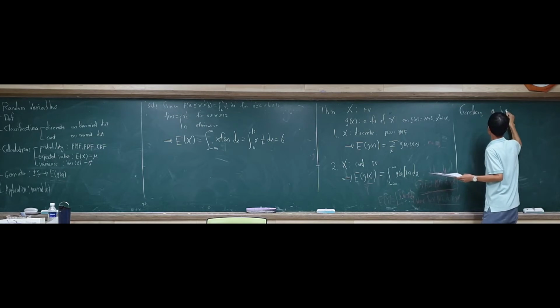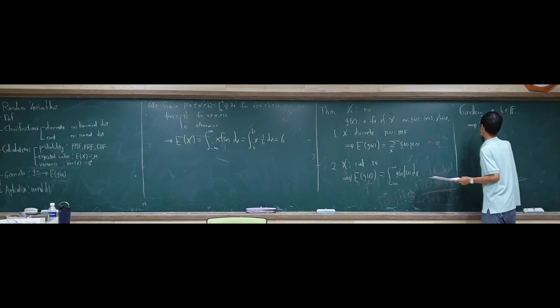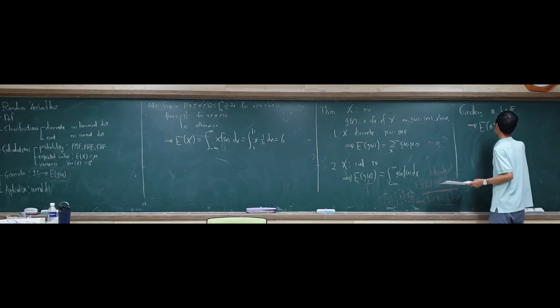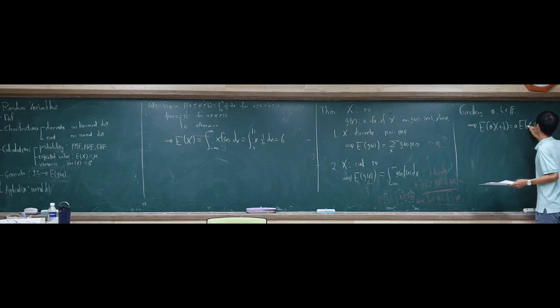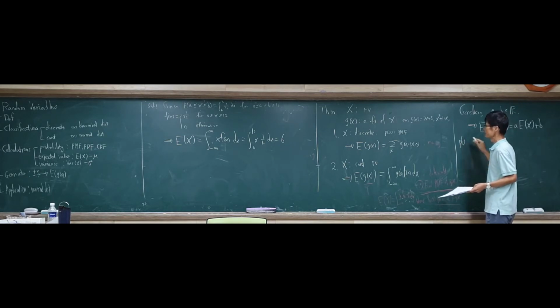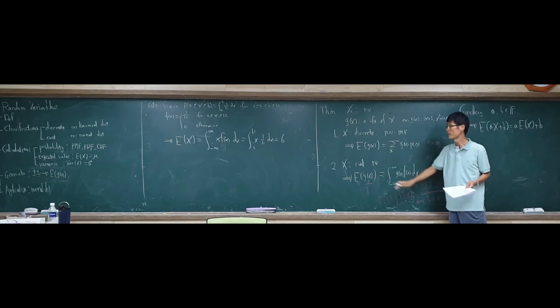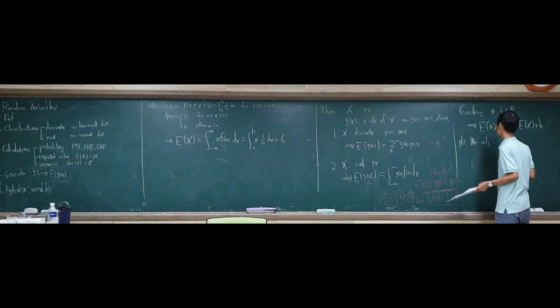If a, b are real numbers, then we can show that E(ax plus b) is equal to a E(x) plus b. To prove this, you should consider the case that x is discrete or continuous. The proofs are almost the same.